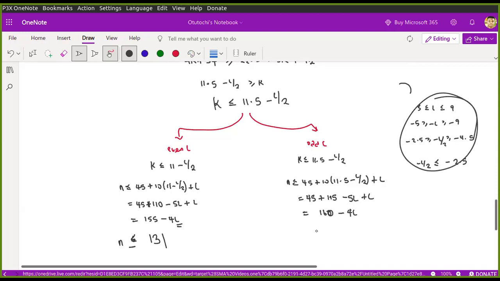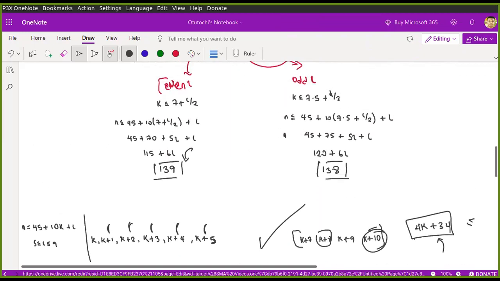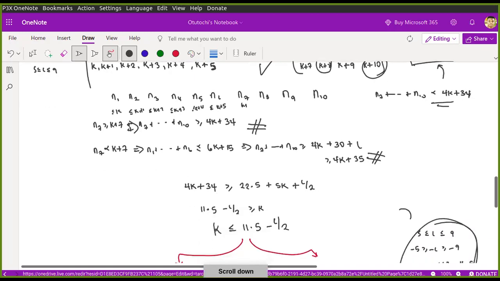So N is less than or equal to 160 minus 4 times 5, which is 160 minus 20, which is 140. So you have this as the maximum here and this as the maximum here. And of course, we compare that to the other maximums we have in other cases, 139 and 138. The maximum out of all of them is 140.